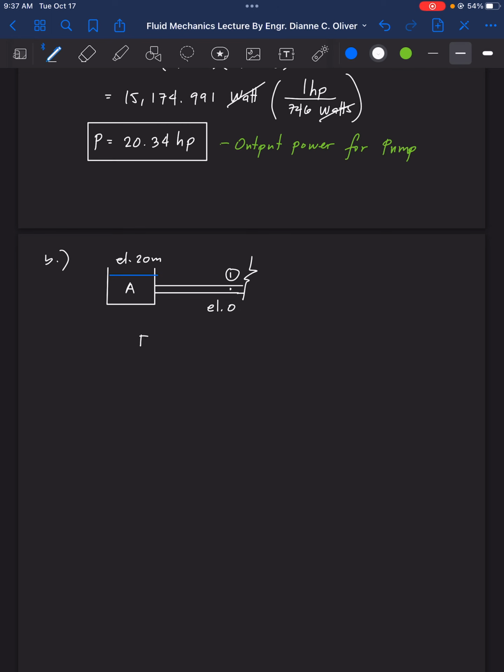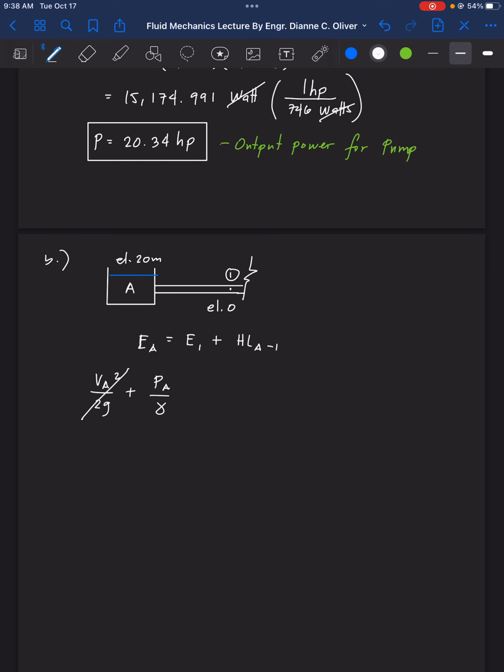So our equation here is EA is equal to energy 1 plus the head loss from A to 1. Obviously, there's no pump here or turbine, so we just have this equation here. Since A is exposed in the atmosphere, we will cancel the velocity head and the pressure head.